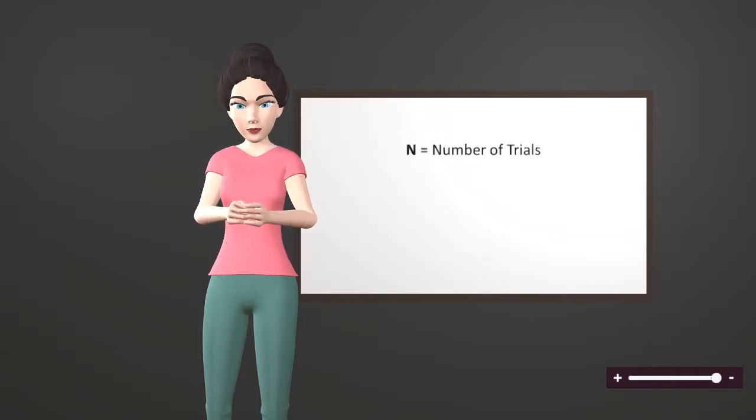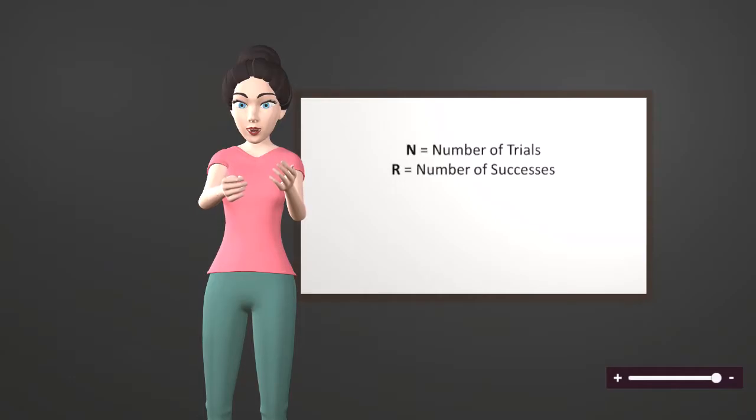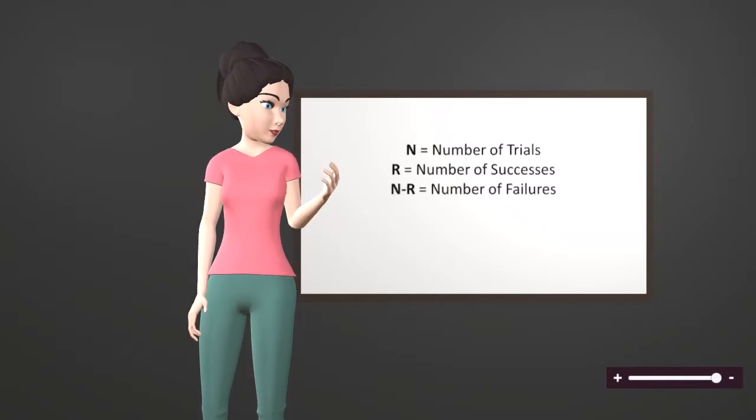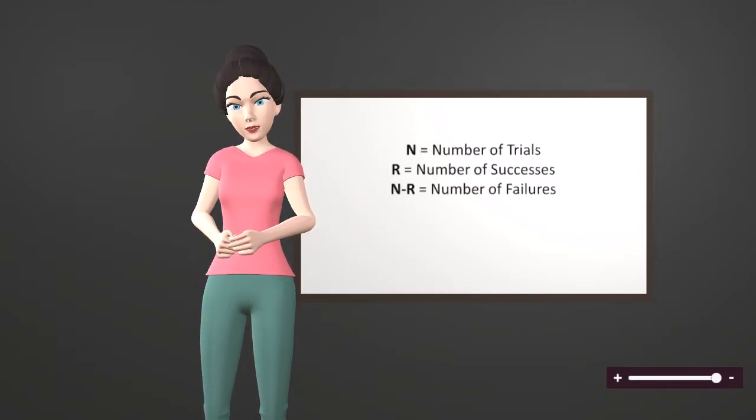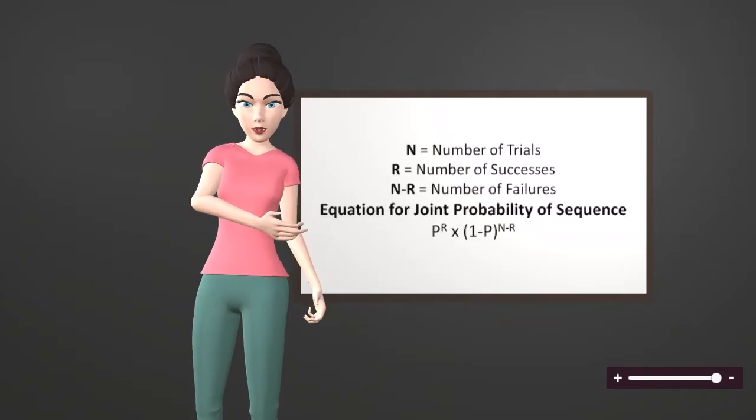We can compute the probability for any specific sequence. So let's say the number of trials in a sequence can be symbolized by the letter N, the number of successes in those trials is called R, and the number of failures is N minus R. To figure out the probability of any sequence, you can use the formula displayed on the screen.